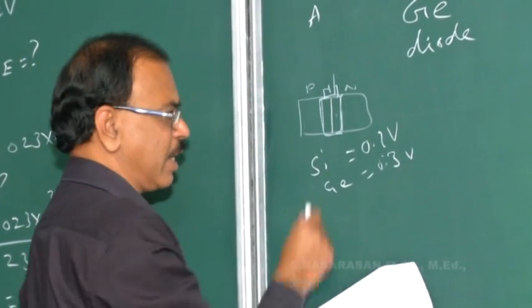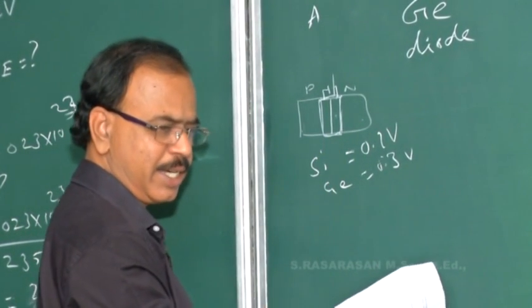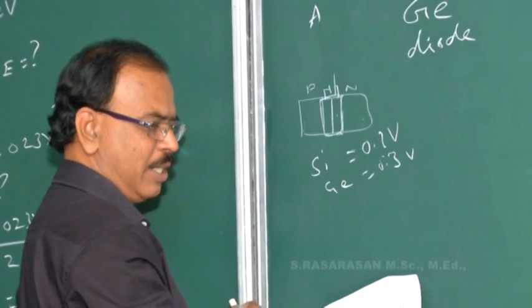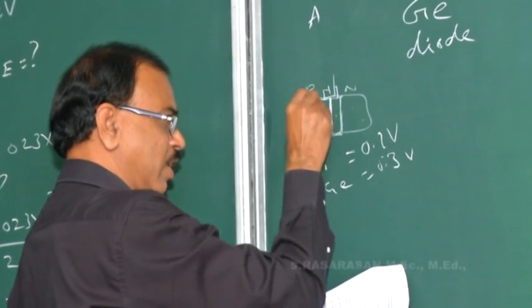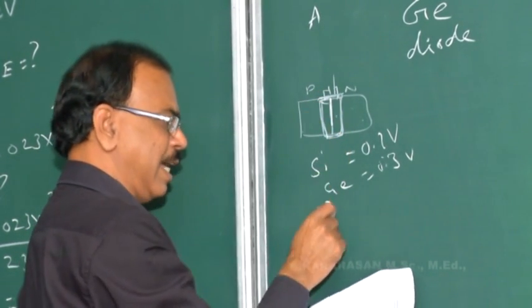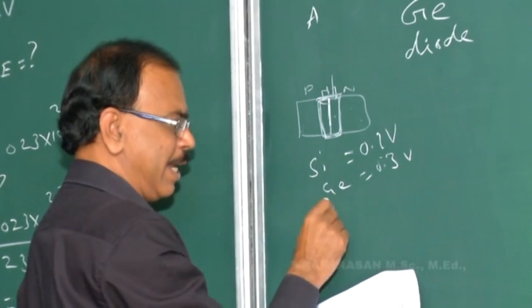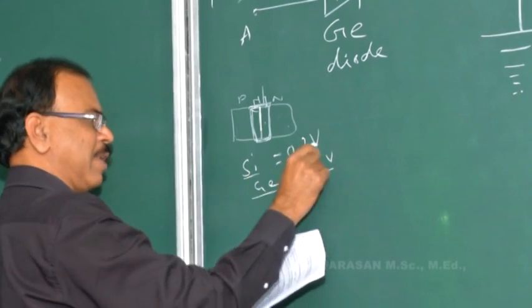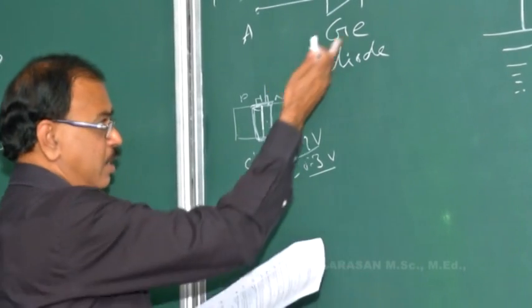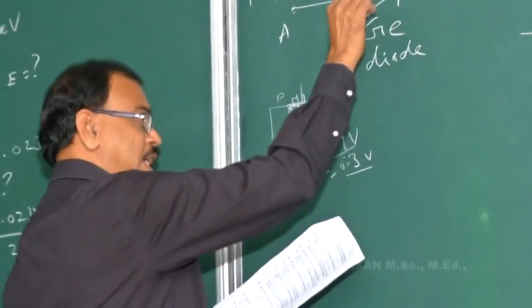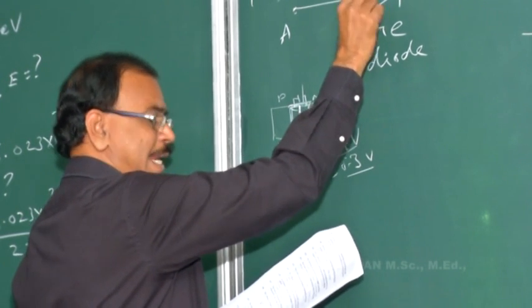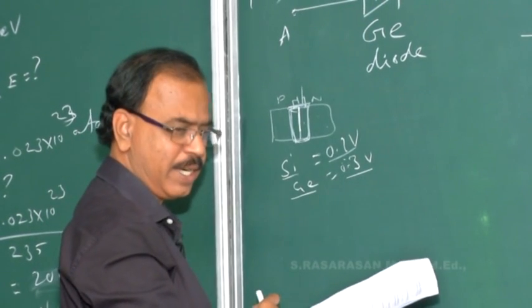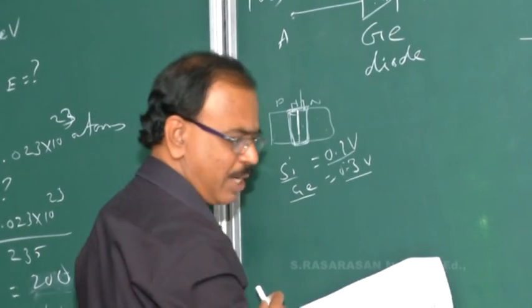When a PN junction diode is formed in semiconductor devices, around the junction the potential barrier voltage is developed. Germanium has 0.3 volt, silicon approximately 0.7 volt. They say this is a germanium diode. So inside this diode, 0.3 volt barrier is preventing the movement of charges.